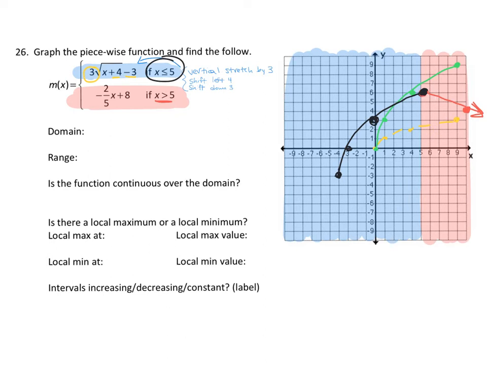And I could erase all my other stuff just so we know which part we need to keep. And it looks like that. Okay, and now to answer the questions for the domain, my lowest possible x value is -4, and I'm going to use a bracket because we do hit -4.